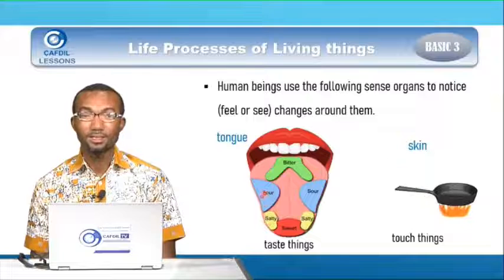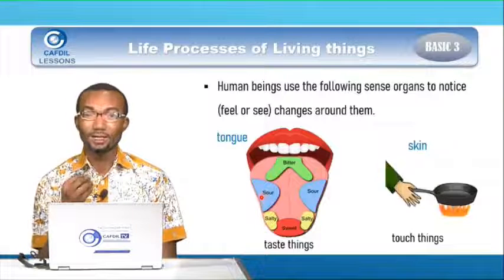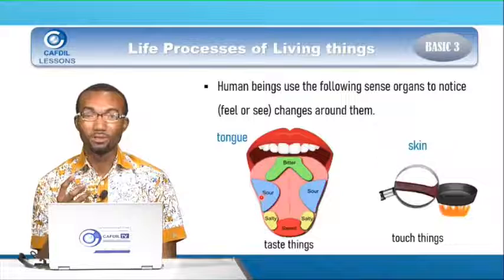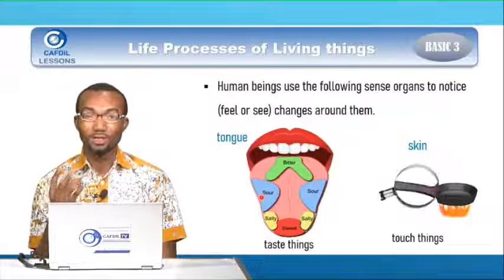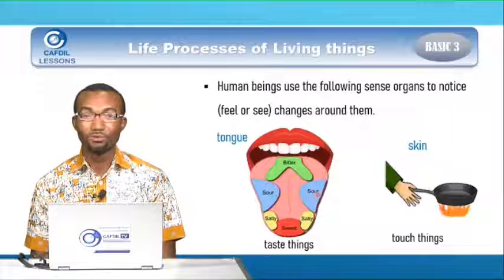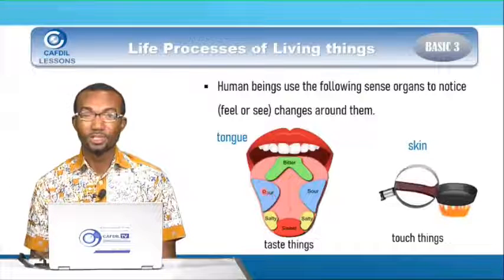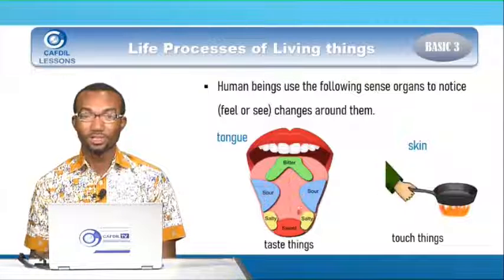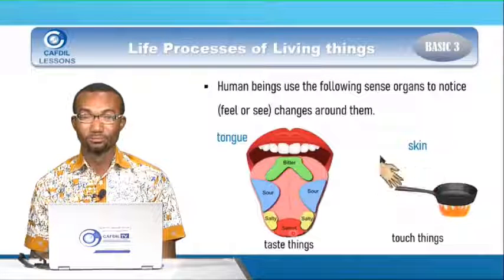If I taste anything that is sour, like an orange or a lemon, these things have a sour taste, and the blue part of your tongue will feel it, not this part or this part.